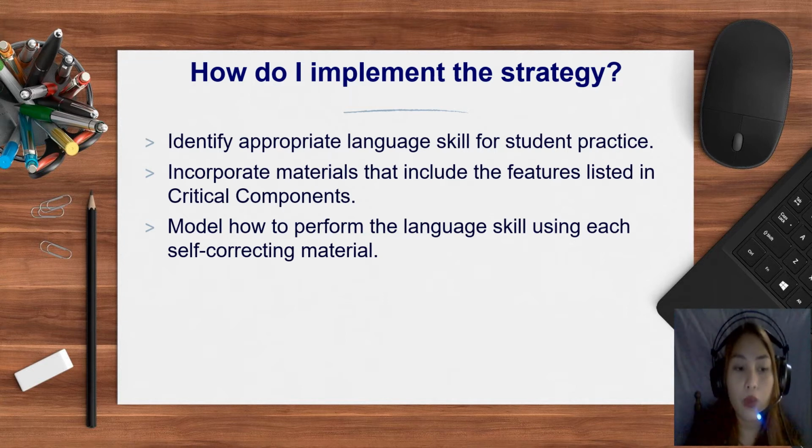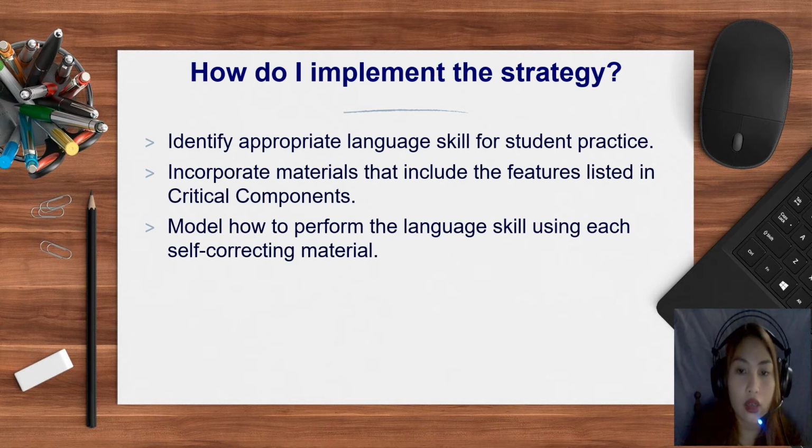So critical components are really helpful in developing learning in students, because these critical components help guide us on what is really important. Number three is to model how to perform the language skill.